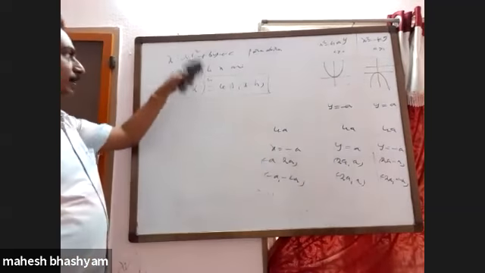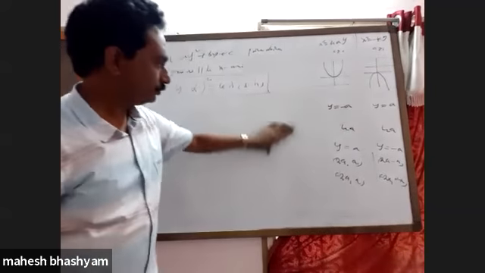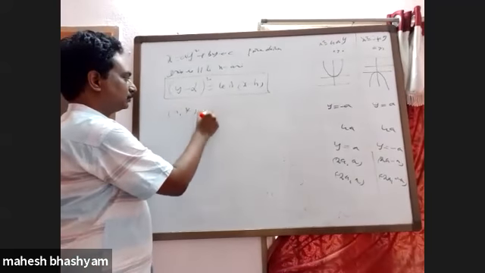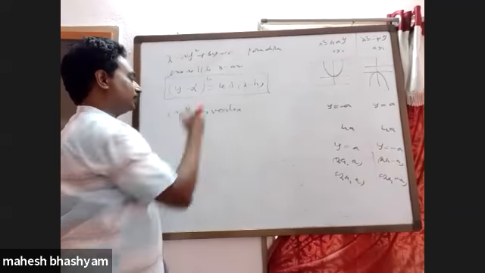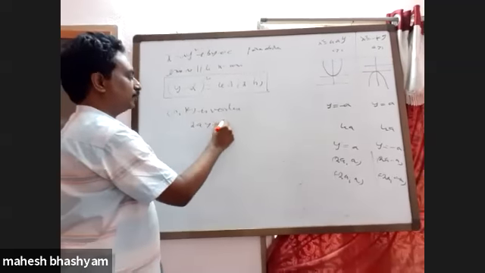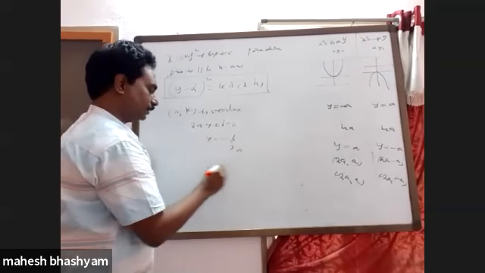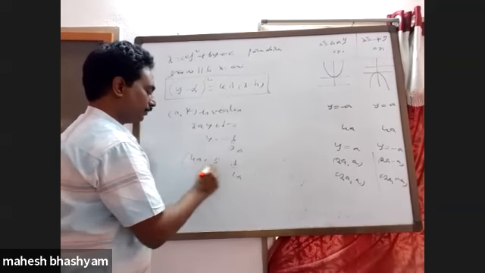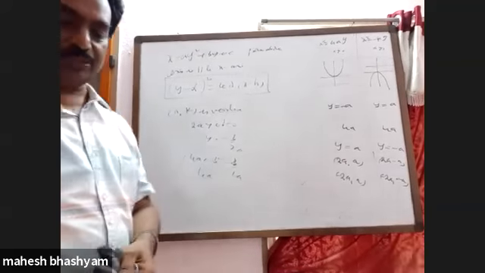You can convert the above formula to this form, so that h comma k is the vertex. Take the derivative of the right side with respect to y, equal to 0: 2ay plus b equal to 0. y is equal to minus b by 2a. The vertex y coordinate is minus b by 2a. The x coordinate is 4ac minus b square by 4a.